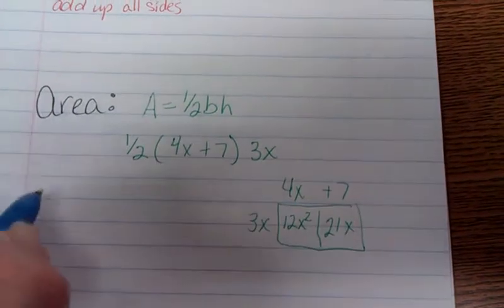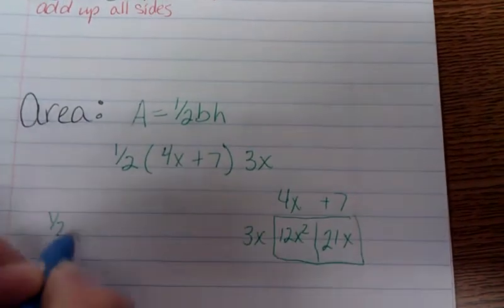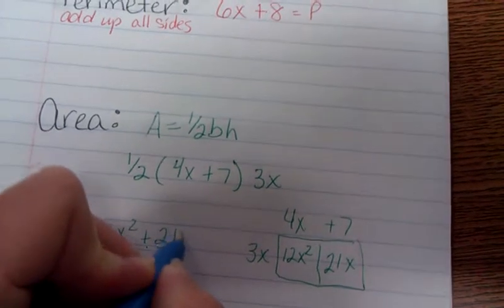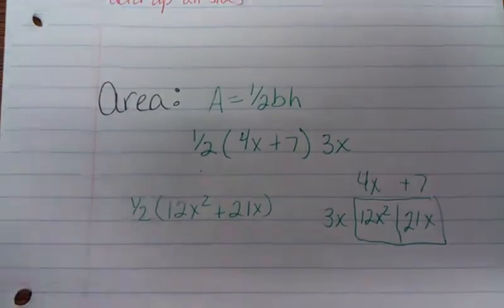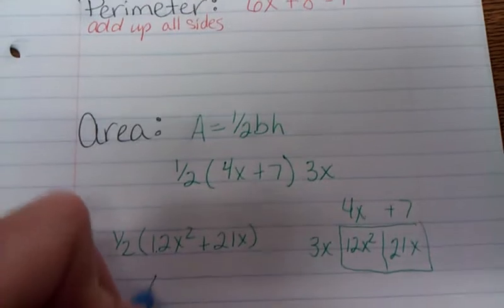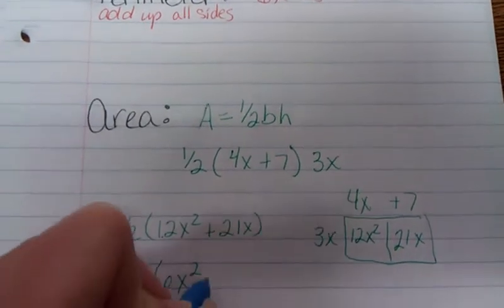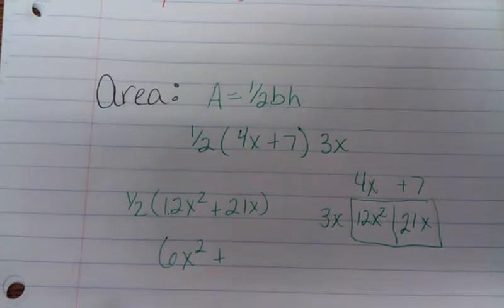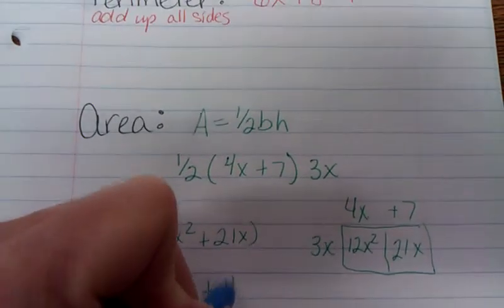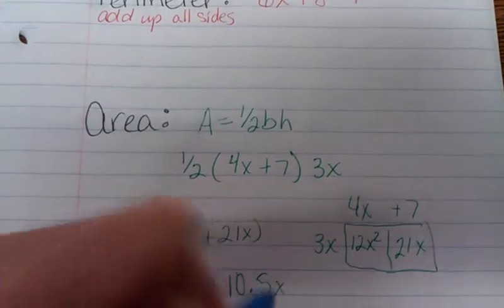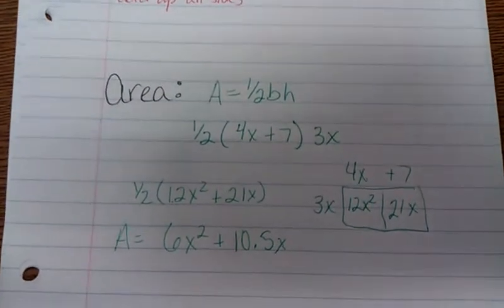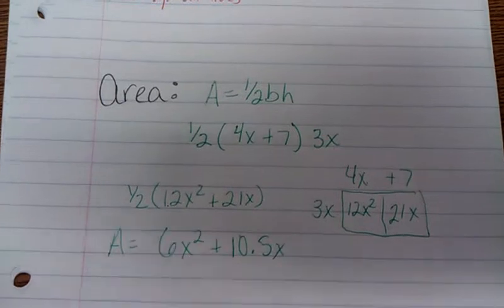Well, don't forget about this 1/2. So I still have 1/2 times 12x squared plus 21x. Half of 12, that's easy, that's 6x squared plus, now this doesn't work out as nicely, 21 divided by 2, which is 10.5x. So my area of this figure is 6x squared plus 10.5x.